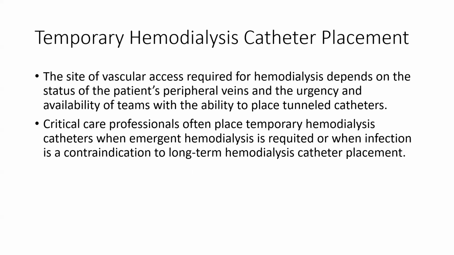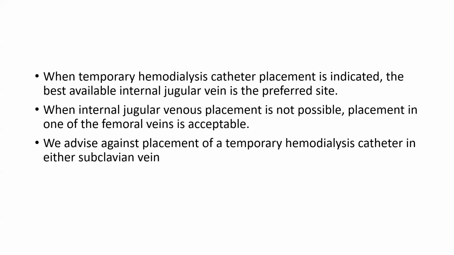Now, temporary hemodialysis catheter placement. The site of vascular access required for hemodialysis depends upon the status of the patient's peripheral veins, the urgency, and the availability of a team with the ability to place tunneled catheters. Critical care professionals often place temporary hemodialysis catheters when urgent hemodialysis is required or when infection is a contraindication to long-term hemodialysis catheter placement.